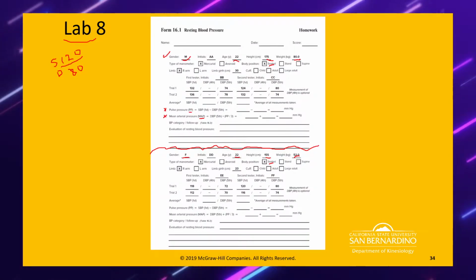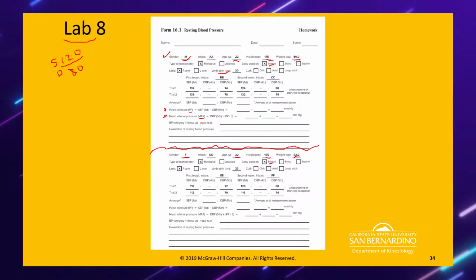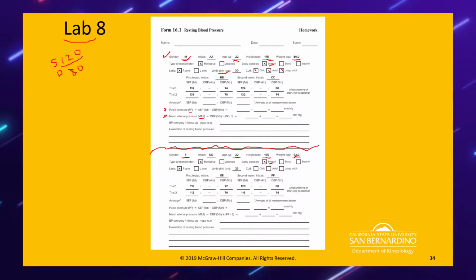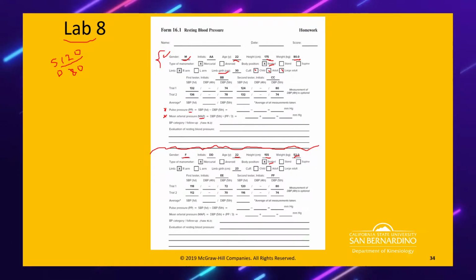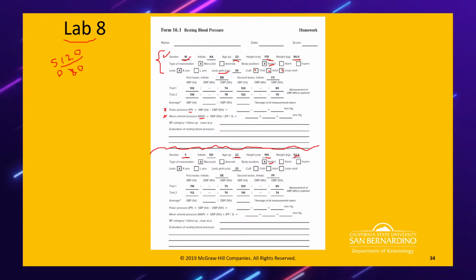We also want to use the right size of a cuff, and it's worth denoting the actual girth of the limb when we're doing that. And if we're doing a child, an adult, or a large adult. So this is kind of the basic information that we need to gather so we can set up the test the best we can.